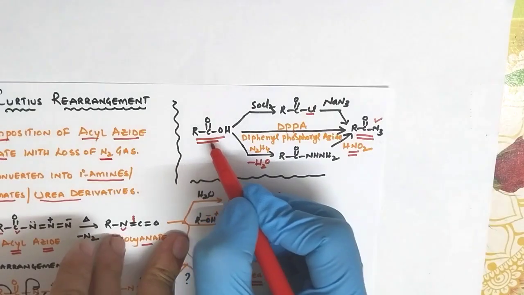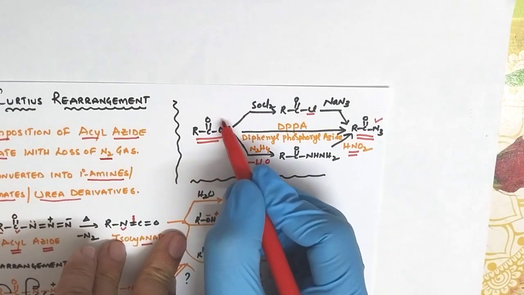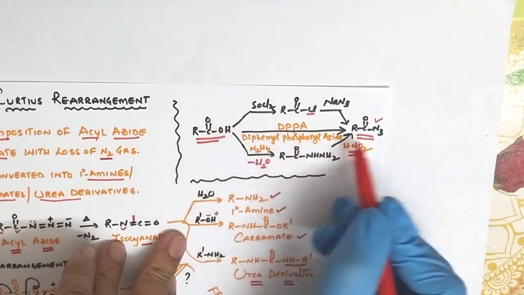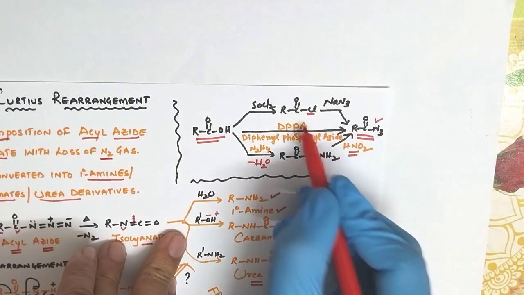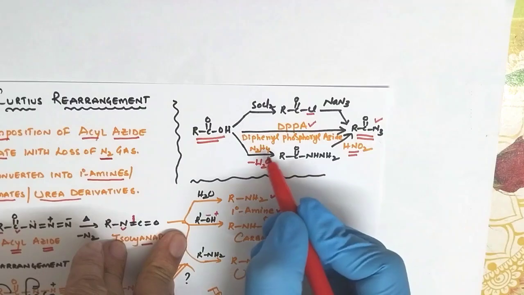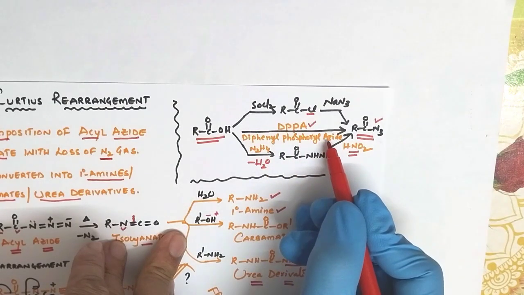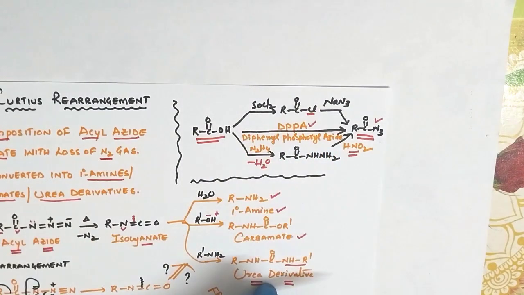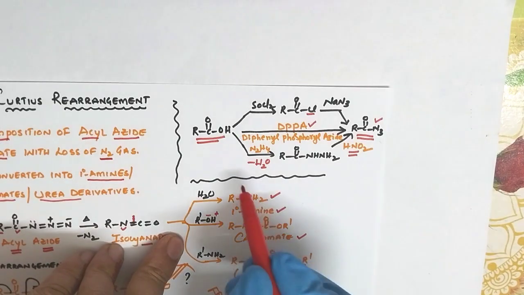If we want to do the direct conversion of carboxylic acids into the azide, we have a reagent called DPPA, diphenyl phosphoryl azide, that converts the carboxylic acids into the corresponding acyl azides.